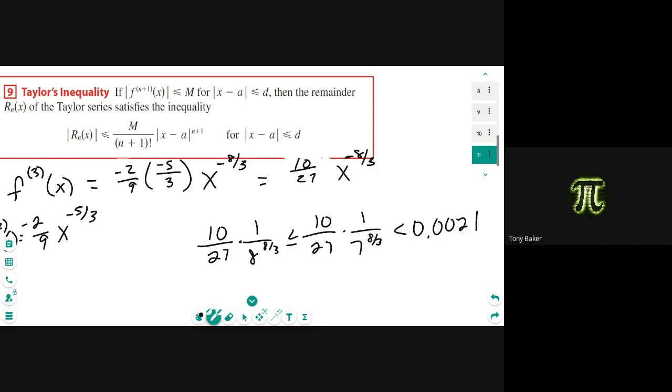So I know it's going to be somewhere in there. That's my m, because we just figured out this piece right here.